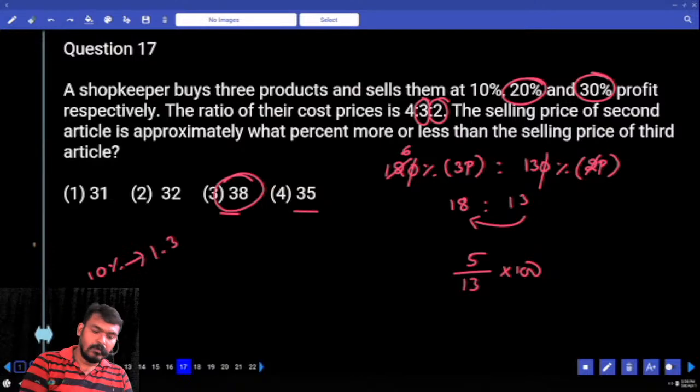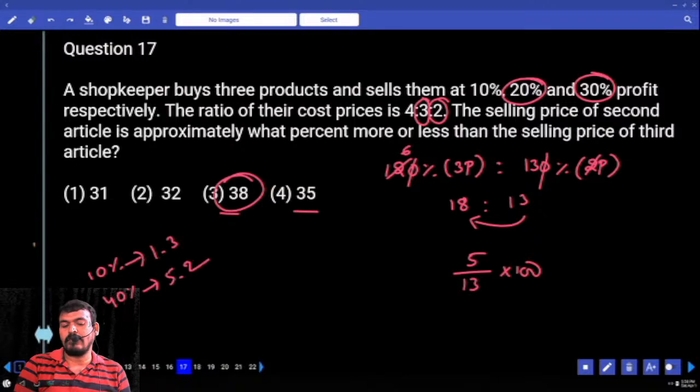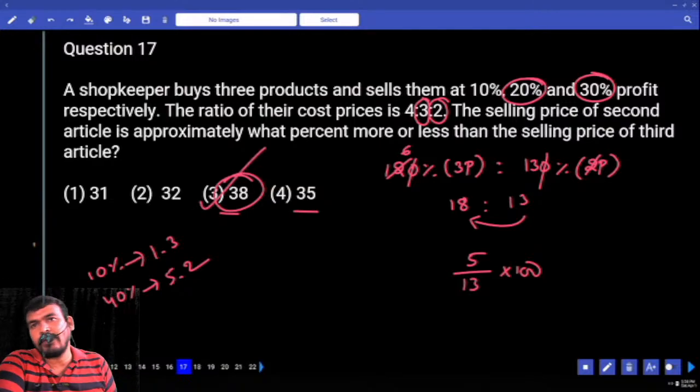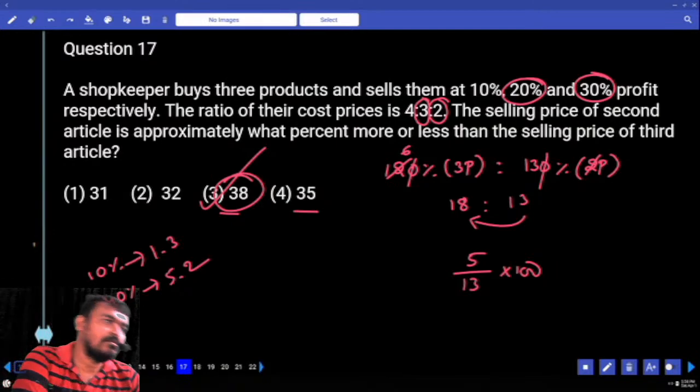What is 10%? 1.3. What is 40%? 5.2. Which one is the closer value, 38 or 35? 38, because 5.2 and 5 are both close values, so the percentage is also close to 40%. What is 10%? 1.3.